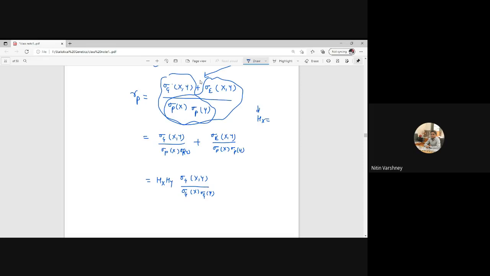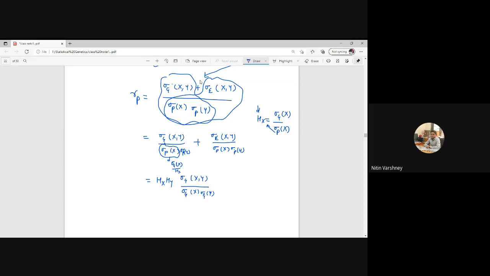What will be hx? This will be sigma g upon sigma p, isn't it? So instead of sigma px, I can write sigma gx upon hx. So from here I can write this.